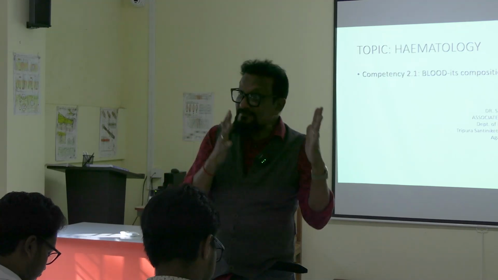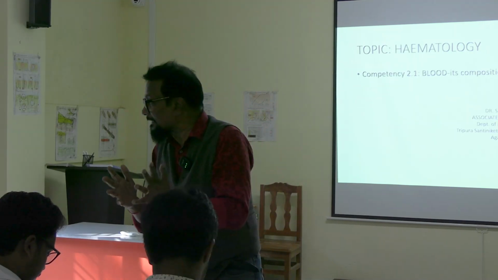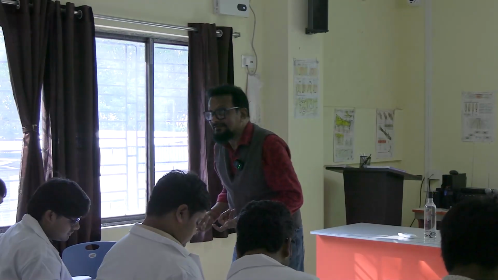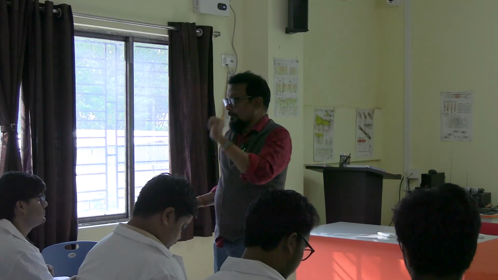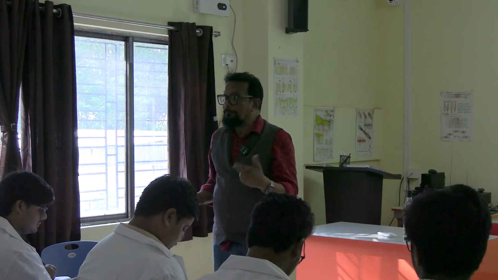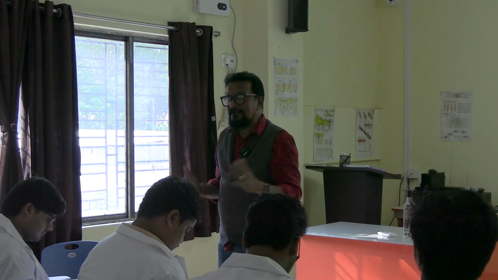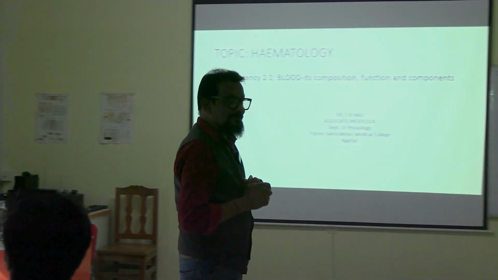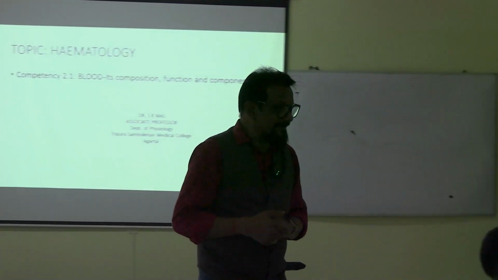The cells which should not be coming out of the bone marrow into the circulation, those cells you may get. Example, promyelocytes, primitive myeloblasts. They are not supposed to come, but under abnormal conditions, meaning cancerous conditions, they may enter here.